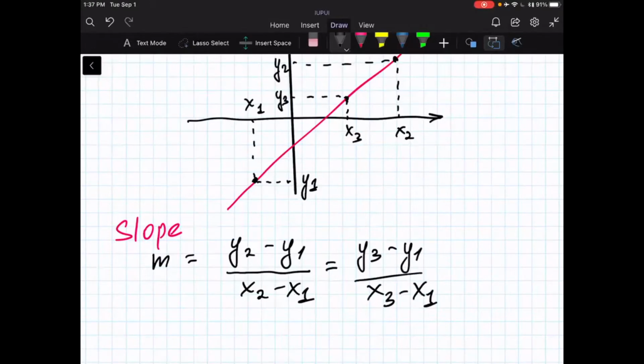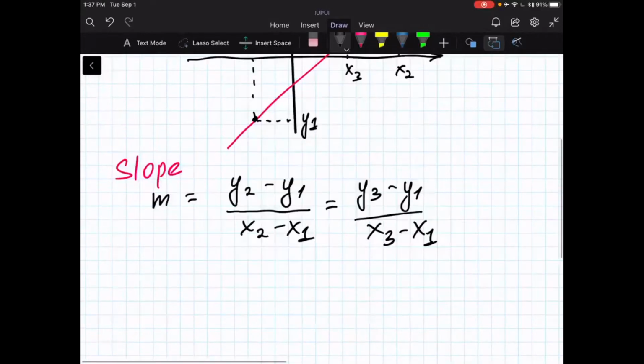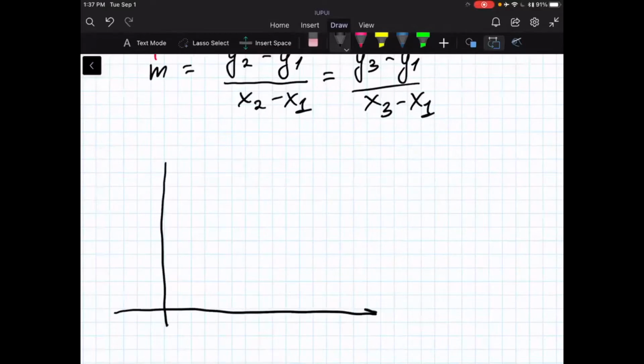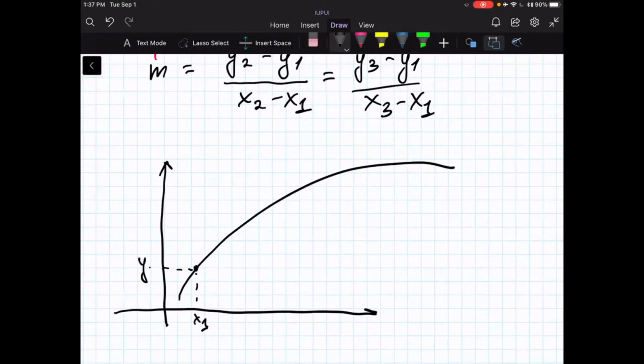And in general, for other curves, it is not true. So for example, if we have some line that looks like this, so for example, here is my point x1, and the y coordinate is y1.